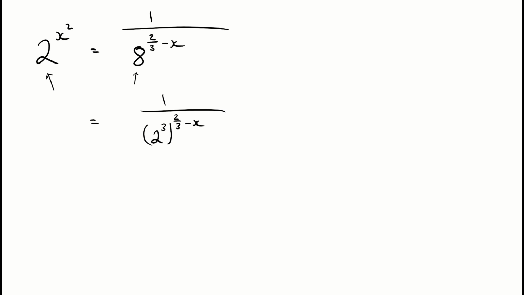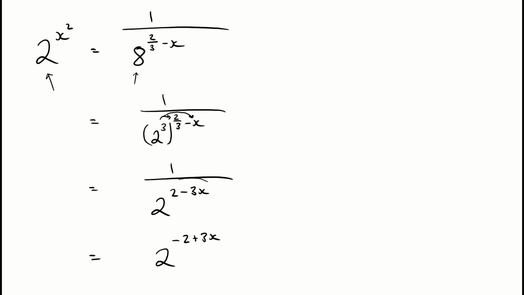If I expand those brackets out, multiplying this 3 out to each term, I would end up with 2 to the power of 2 minus 3x. And I can rewrite that using my indices law as 2 to the power of negative 2 plus 3x.